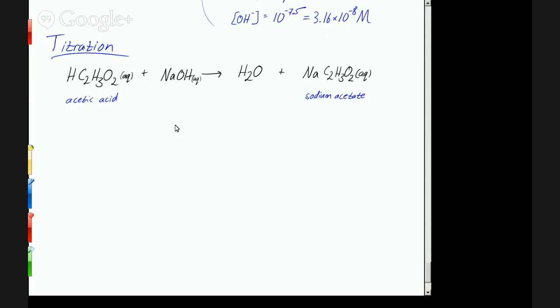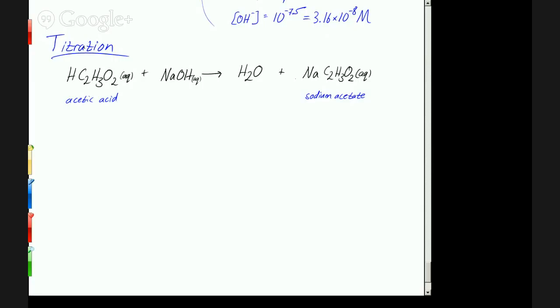Is this reaction balanced? Can you tell just by looking without counting everything out? I think if you think about it in terms of ions, you probably can. You see that the C2H3O2 is here, and then also here. H and OH combined to make the H2O, and then the sodium. So this is just balanced as is.